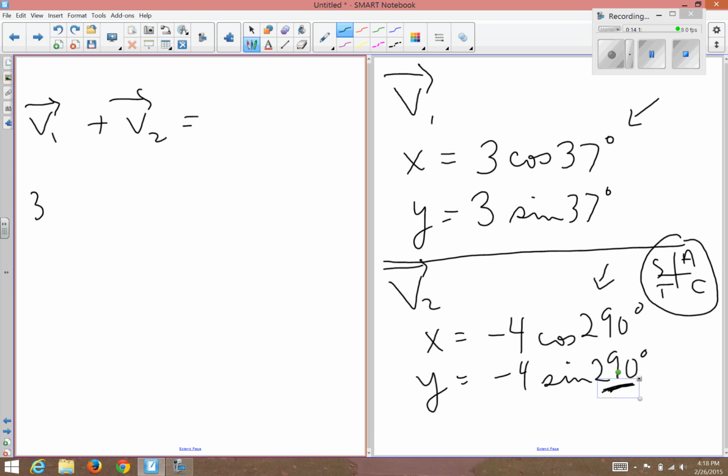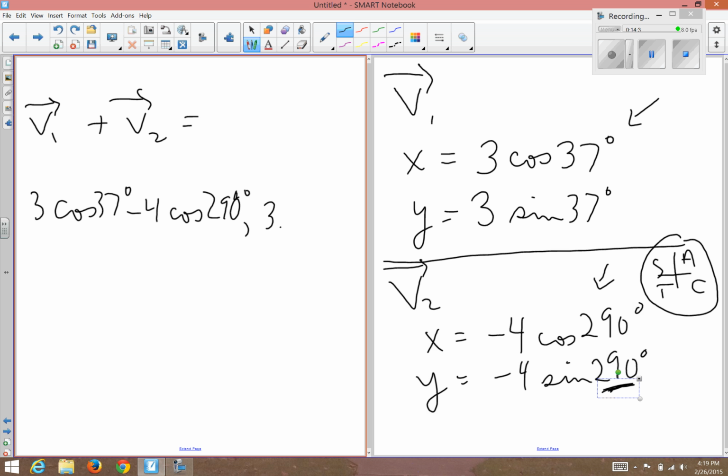So it'll be 3 cosine 37 degrees plus this x, which is -4 cosine 290 degrees, comma. Now we add the y's.